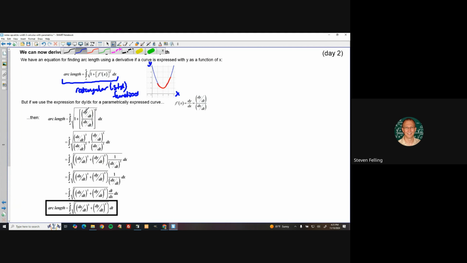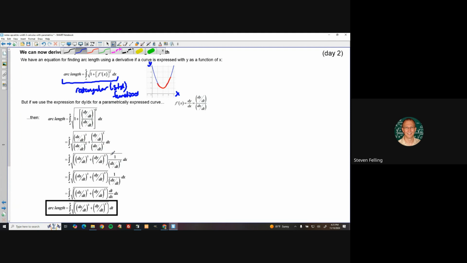So if we plug this in for f prime of x, first we can get a common denominator by making this 1 into (dx/dt) squared over (dx/dt) squared. Then we can pull this common denominator to the side to be 1 over (dx/dt) squared, leaving (dx/dt) squared plus (dy/dt) squared.